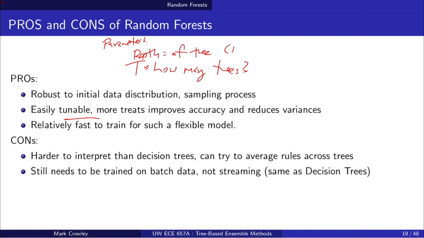So does it stop at 10 and then it stops? Any other ones? Yeah, number of features per tree, right? It definitely should be like more than two, probably more than four.